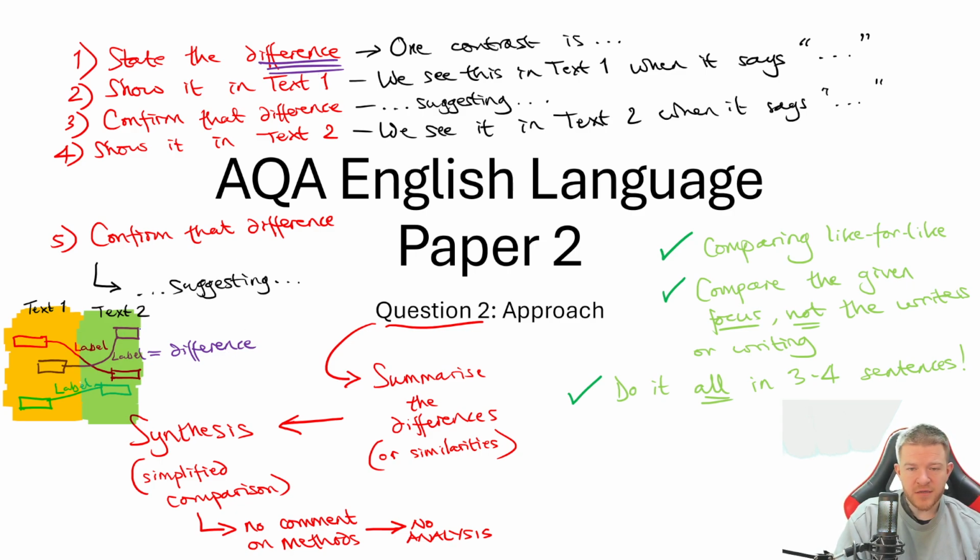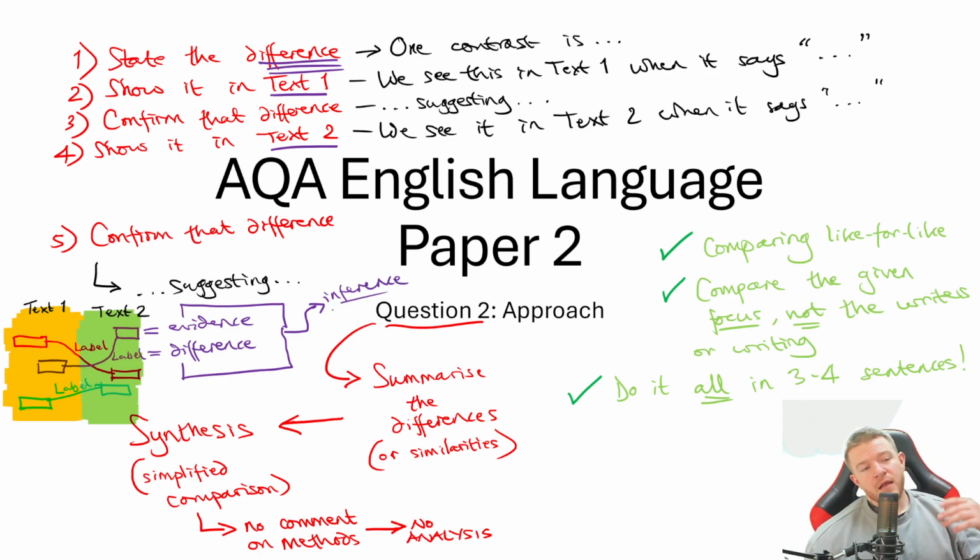The quotations that you've highlighted are going to be your evidence. That's when you're going to show it in text 1 and show it in text 2. And then for confirming the difference, very simply, you're going to do some very basic inference, and that inference is not analysis. It is quite simply: the train in text 1 is very large.